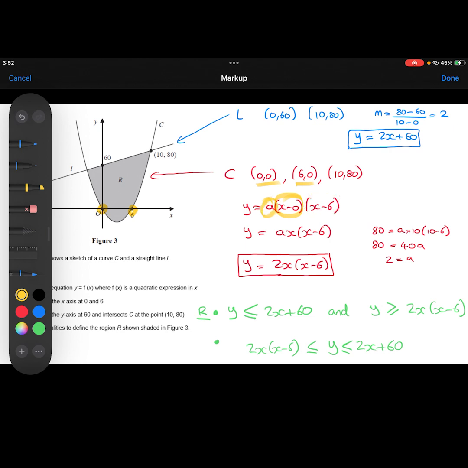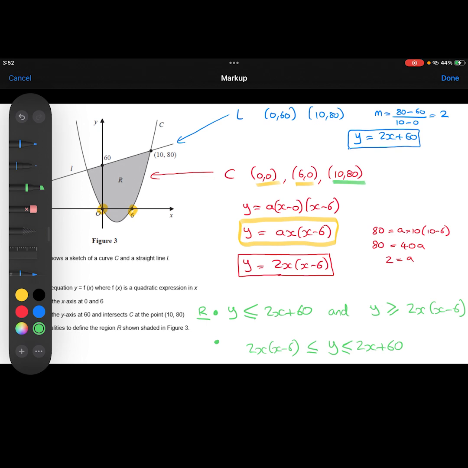And there could be a number at the front there multiplying each of those two factors. Now clearly that x minus 0 is just x. I don't need that minus 0. So far I've got the equation of my quadratic looking like that.